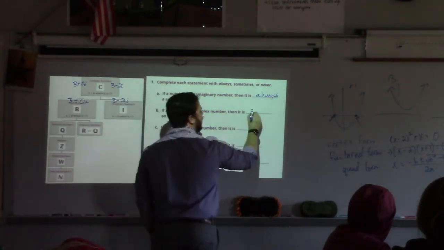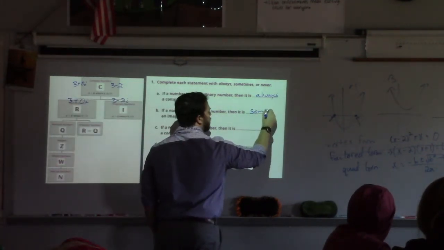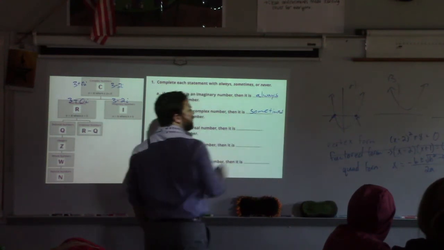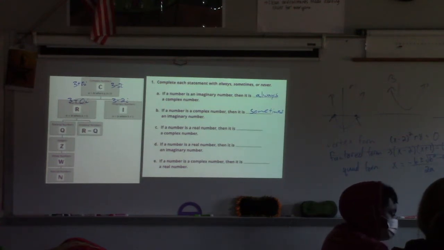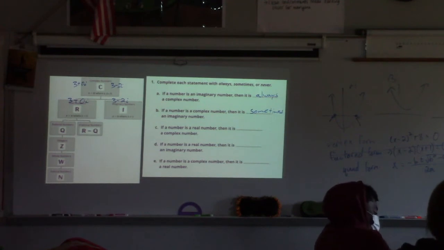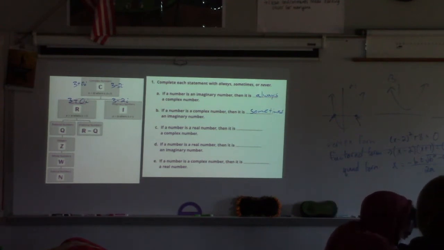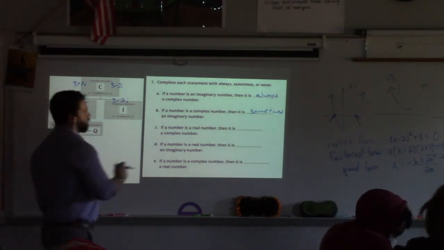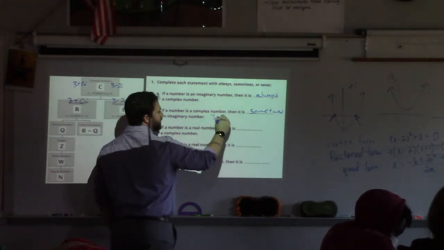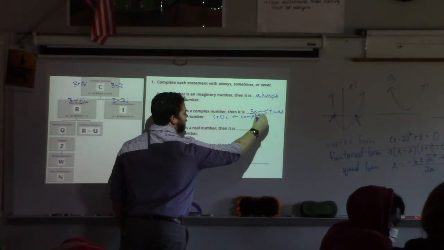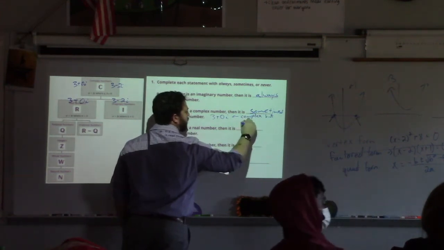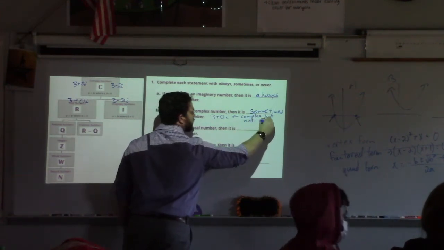So it is sometimes. So there are complex numbers that are not imaginary. And you might want to show that example next to it, right? Something like 3 plus 0i, complex but not imaginary. It's all about explaining so that you can understand it later.